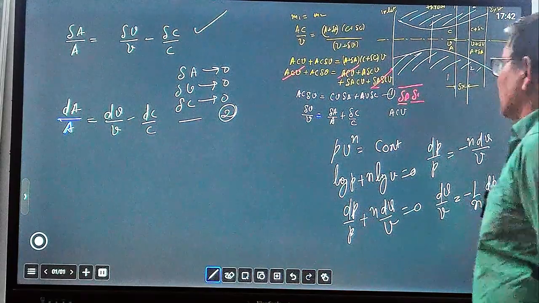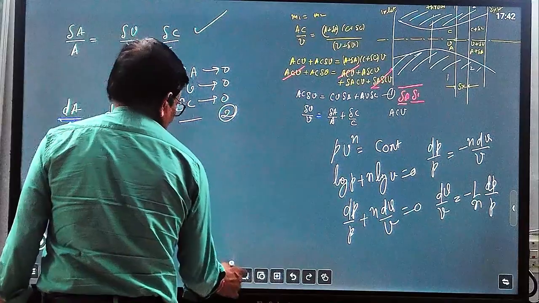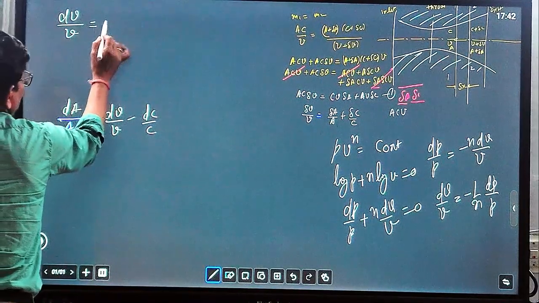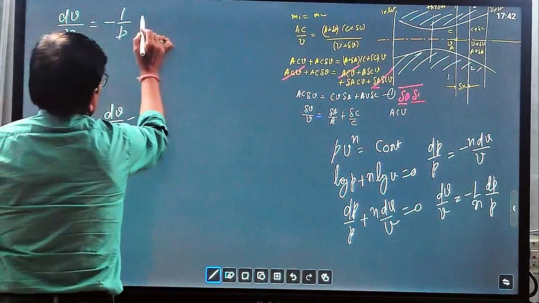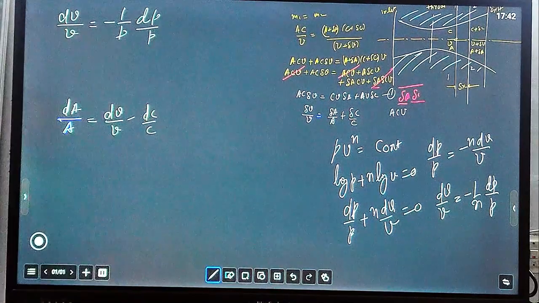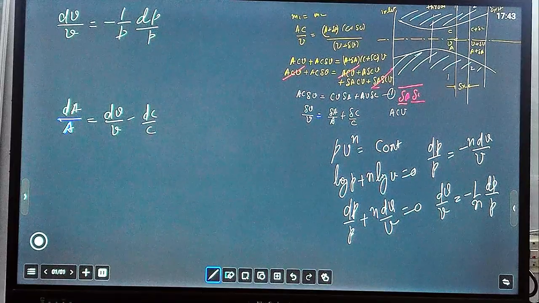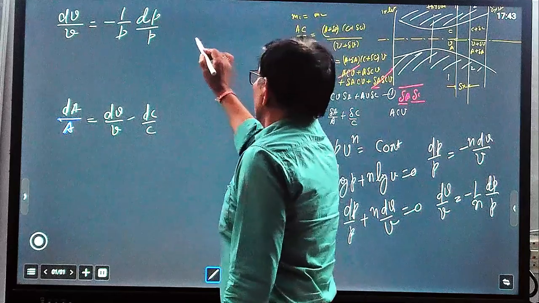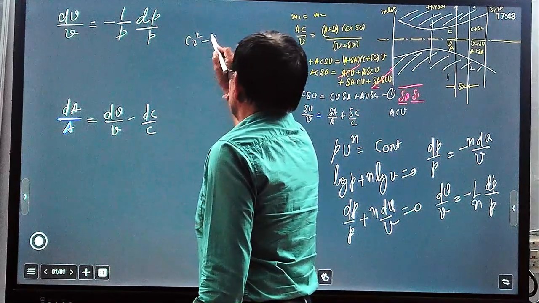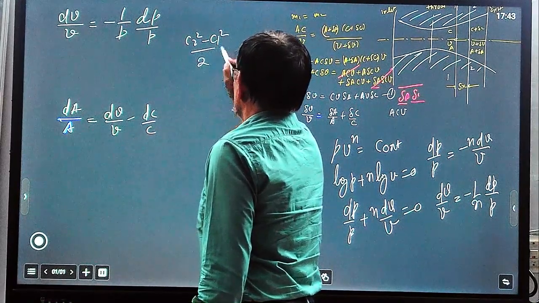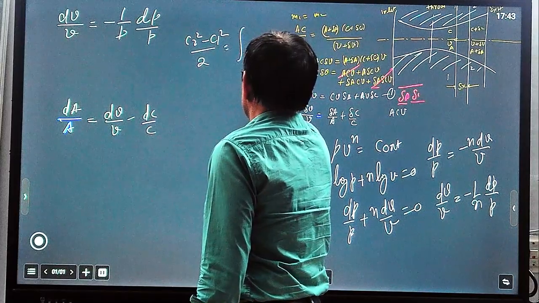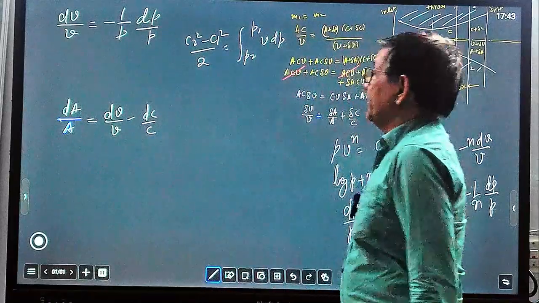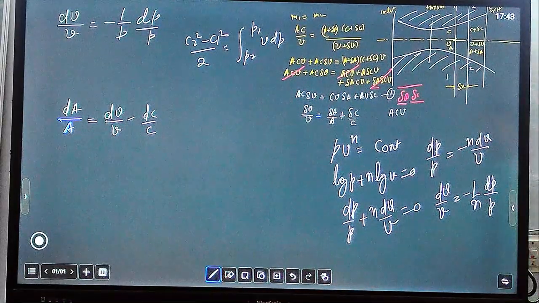So now here dV by V equals minus 1 upon n dP by P. Another equation that we are going to use is the momentum equation. Already we have discussed it: C2 square minus C1 square by 2 equals integration from P2 to P1 of VdP. This is the momentum equation during flow.